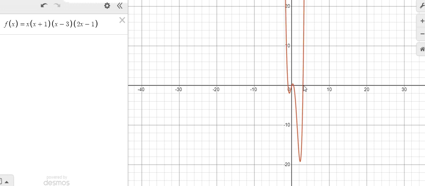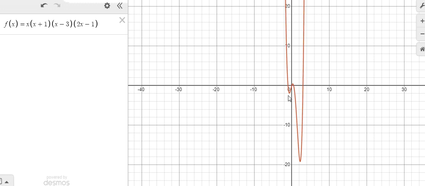Same thing as your input goes towards positive infinity: your output also goes to positive infinity. When you have a polynomial with an even degree, so 2, 4, 6, 8, God forbid if you have to do something like that, it's always going to have pretty much the same end behavior towards positive and negative infinity for your x, right?